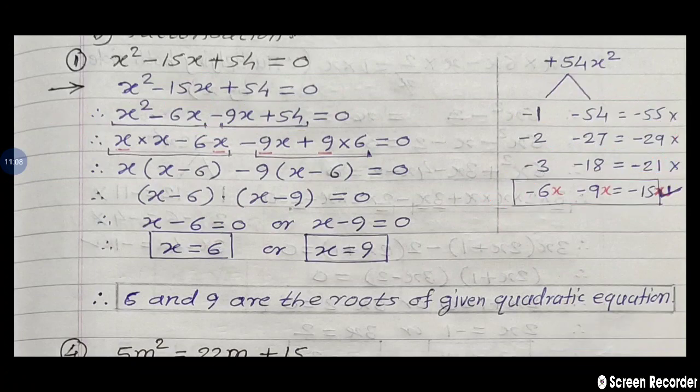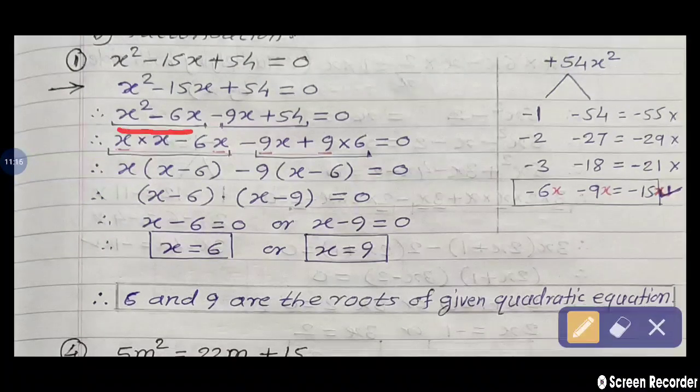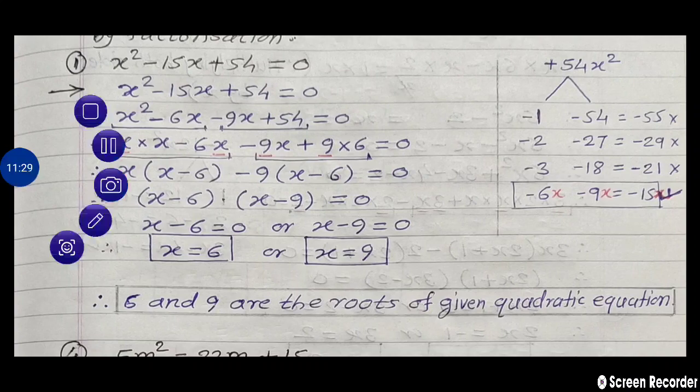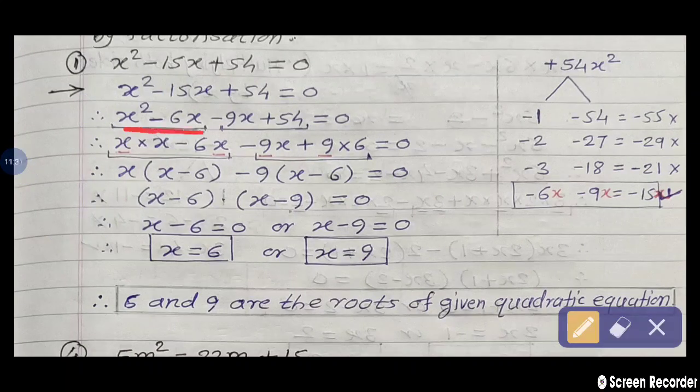So after factorization, we are getting 4 terms. So we make groups of two terms, which is called a binomial, and we try to find the common factor. In the first pair, your first binomial, x square, what do you mean by x square?